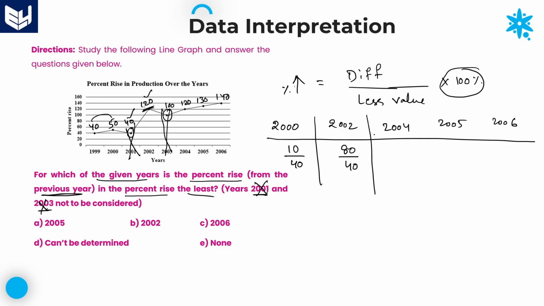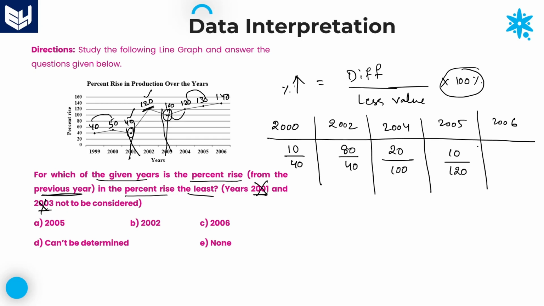Next, 2004. In 2004, it is increased by 20. Difference between 2003 and 2004 is 10, divided by previous year value, which is 100. And next one, 2005. In 2005, as comparing with previous year, the difference is 10: 120, 130, difference is 10, divided by previous year value, which is the 2004 value, that is 120.